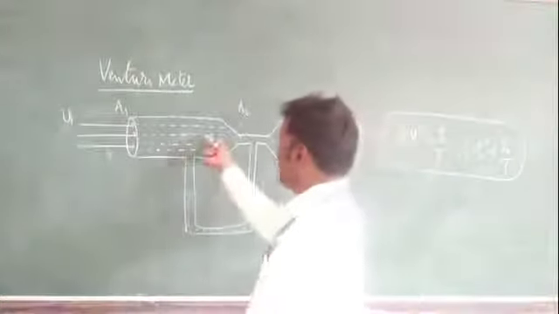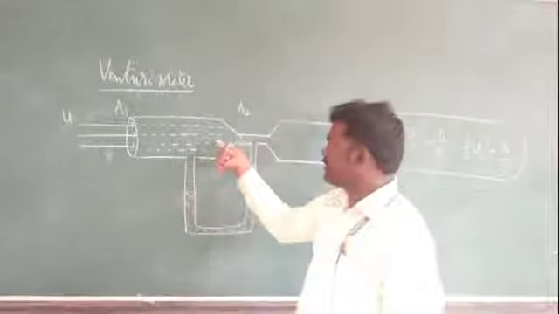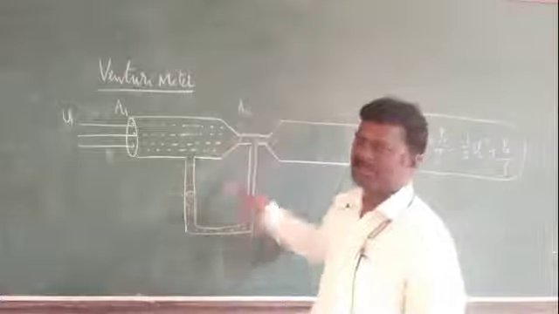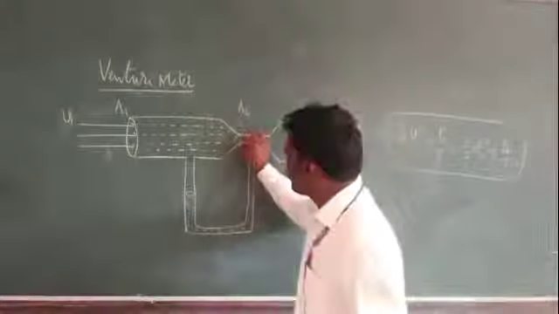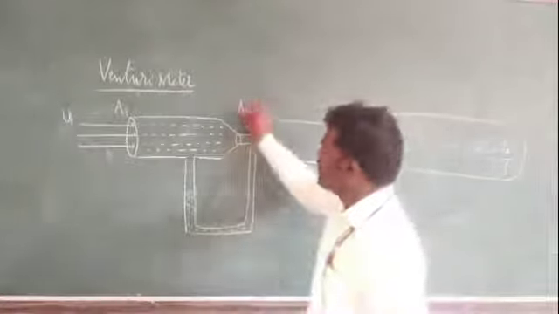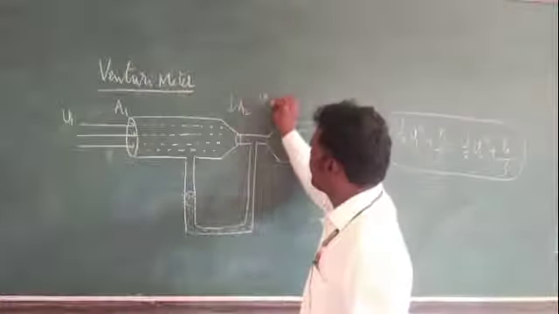When this liquid, fluid or air enters the narrow tube of area of cross section A2, the area is less, so the corresponding velocity increases.